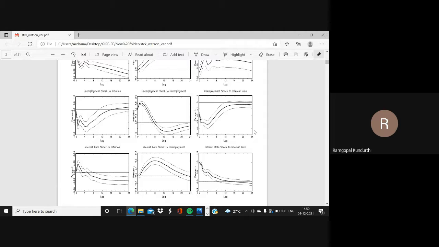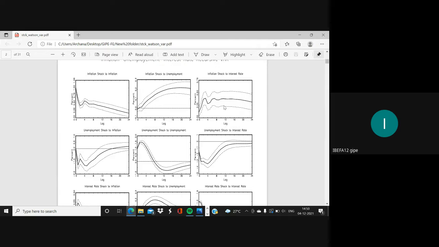So the impulse response function is specific to each shock. If you look at this horizontally, here you're looking at the impulse responses if there's a shock to epsilon yt, the structural error term from your first equation. What is the impact on all the other variables in your VAR system?